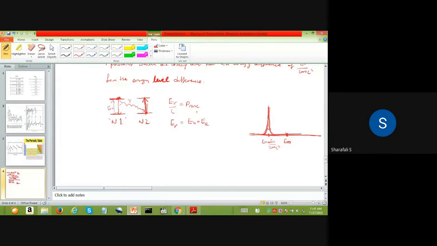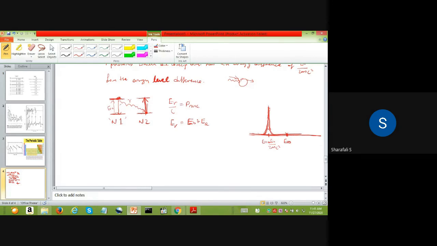Why? Because in one case we have the energy which is released, and the momenta of these two will be in opposite directions. But in this condition we have the momentum of the gamma radiation coming in this direction, and the nucleus is here. When it hits, the nucleus moves in the same direction. Only then is the momentum conserved, and in that case, our E will be equal to E0 plus ER.